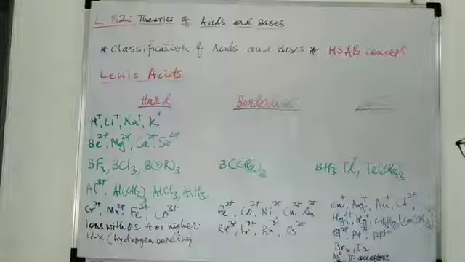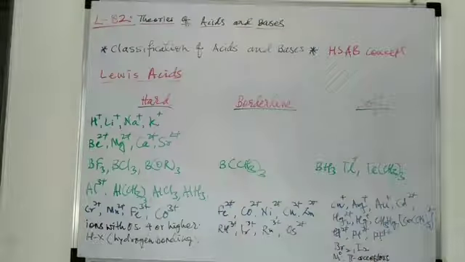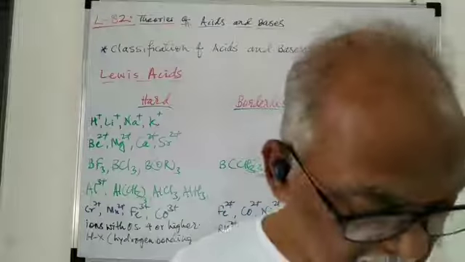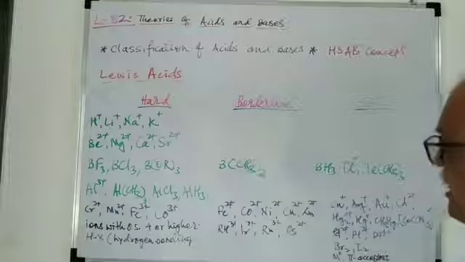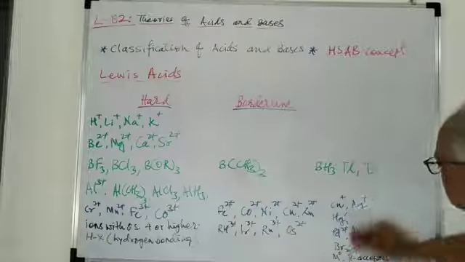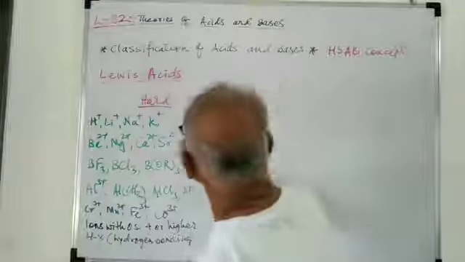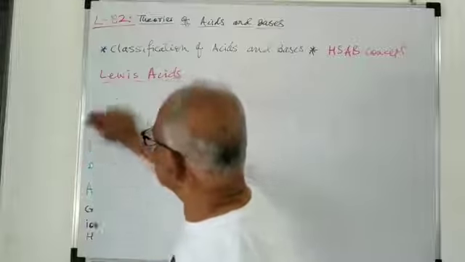So any metal in zero oxidation state or such species with lower oxidation states are called soft Lewis acids. On this basis, we will see the interpretation of various behaviors of these Lewis acids and bases.